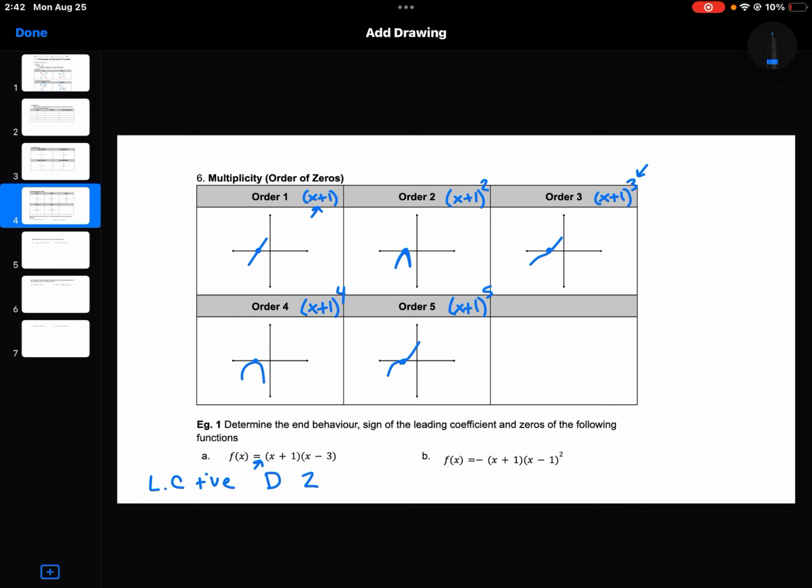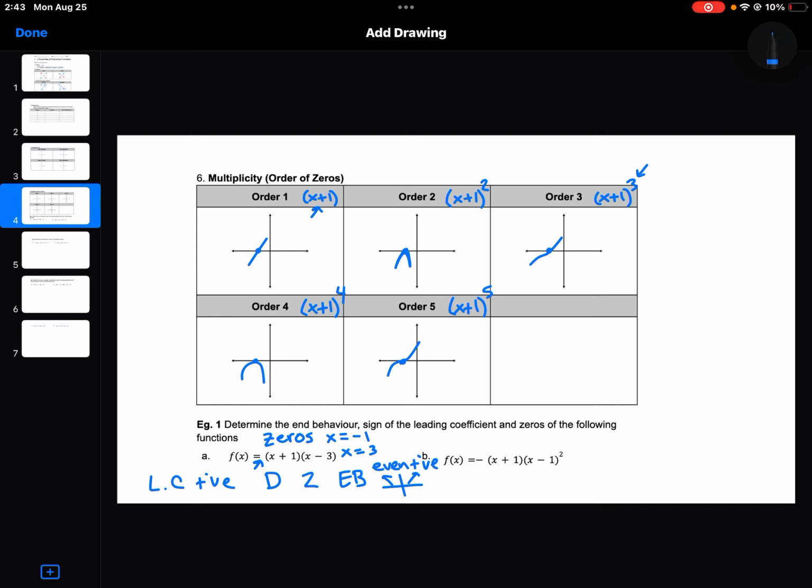So my end behaviors are even, positive, which I can show by drawing this. They both finish going up. And then the only other thing I need to figure out are the zeros. I'll write those over here. This you should be used to doing from grade 10. We've got x equals -1 and x equals 3.